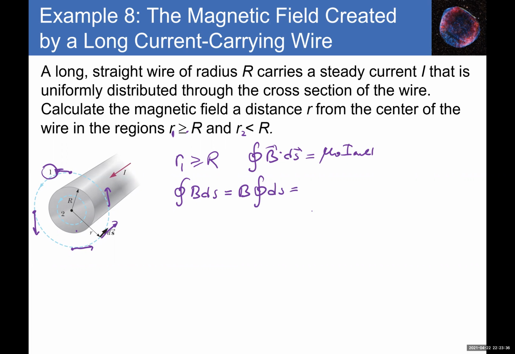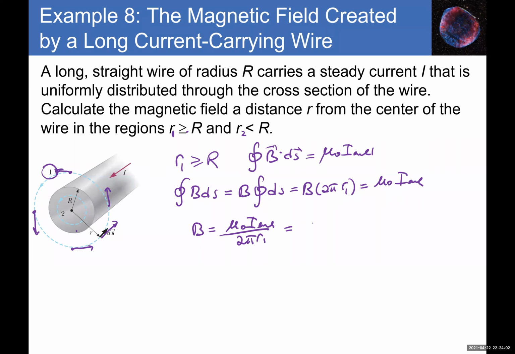The path integration around the loop becomes B times 2 pi R1, for any r greater than or equal to the radius. This equals mu naught times I enclosed, which gives B equals mu naught I enclosed over 2 pi R1.